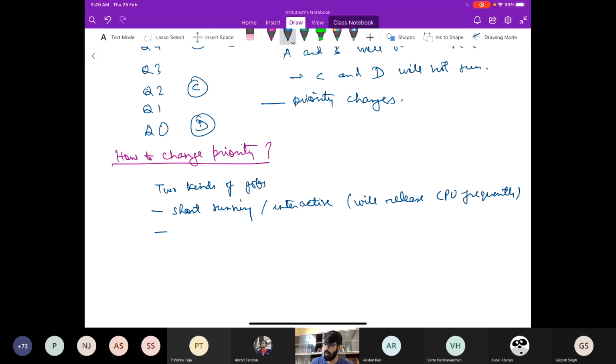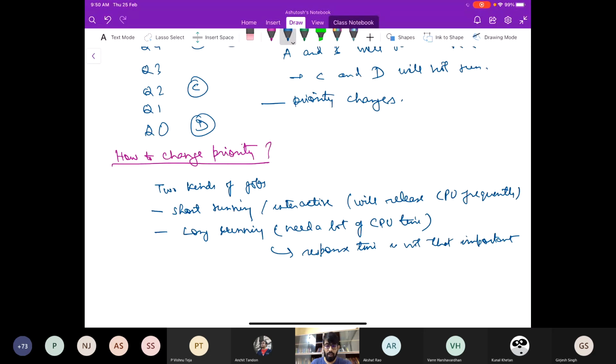And then there are long running jobs, which need a lot of CPU time. For these, the response time will not be that important, because they are not interactive, so it's okay if we give them the CPU sometime later, and then let them run for a long time.